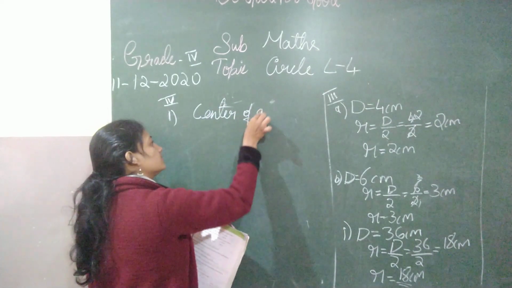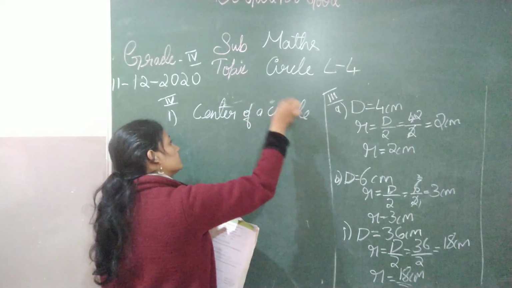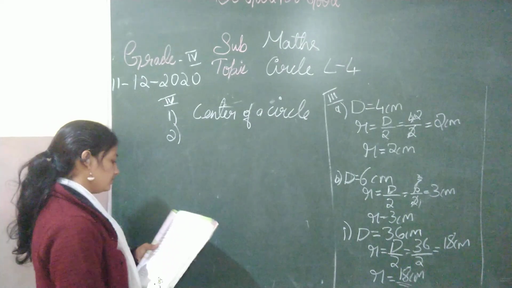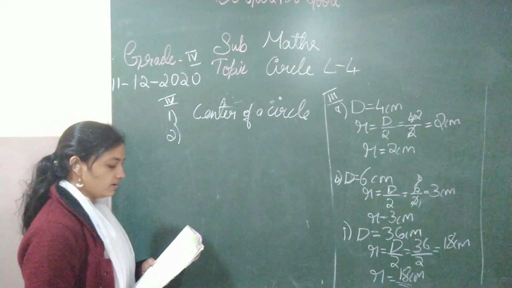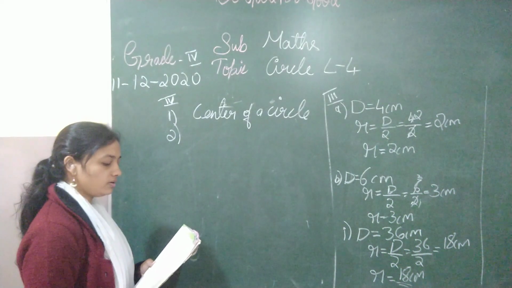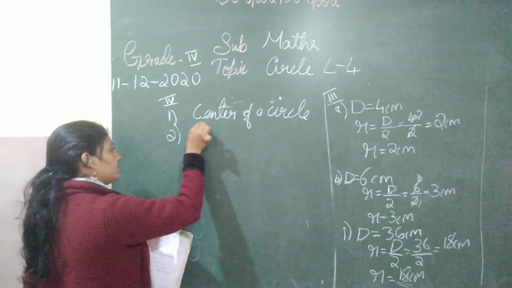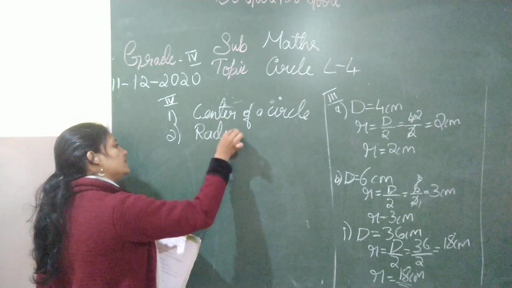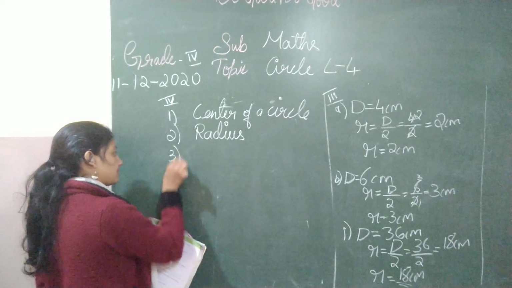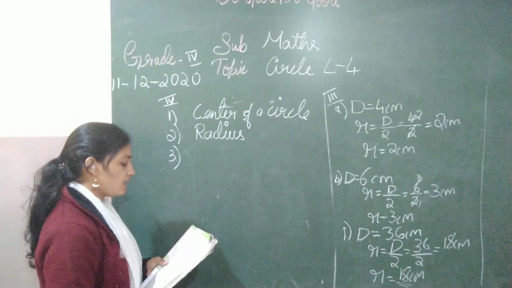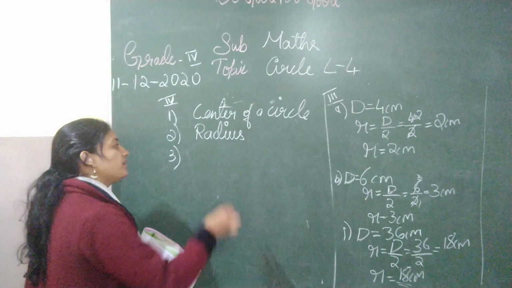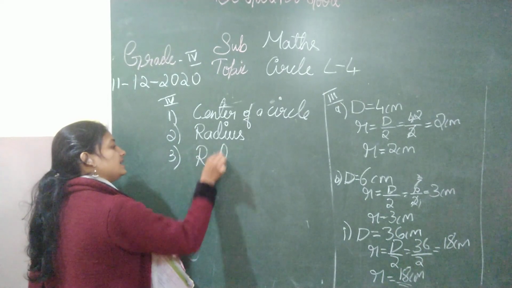Second one, distance from the center of the circle to any point on the circle is called radius. Third one, half of the diameter is equal to radius again.